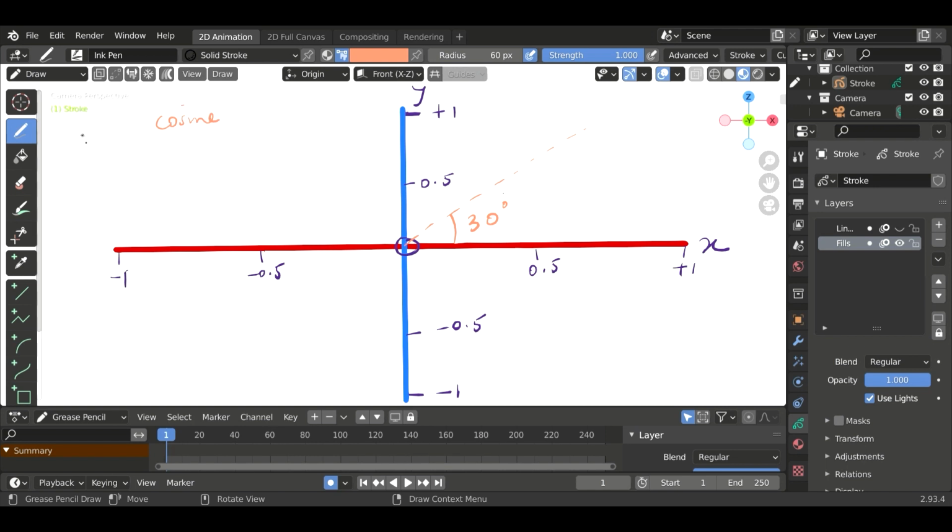Remember SOHCAHTOA. CAH: cosine equals adjacent over hypotenuse.